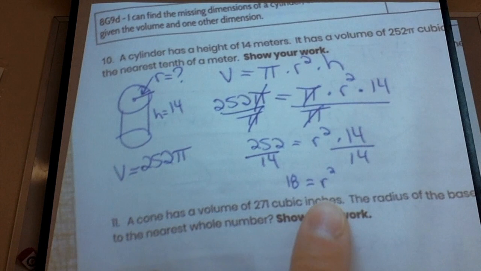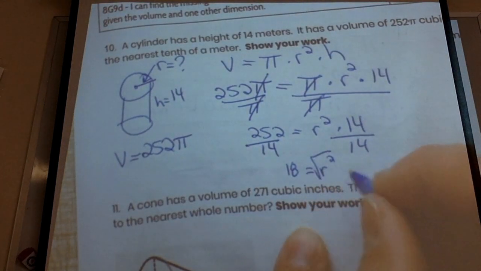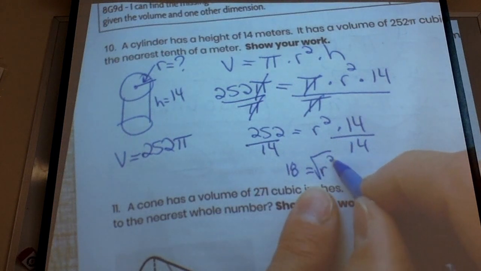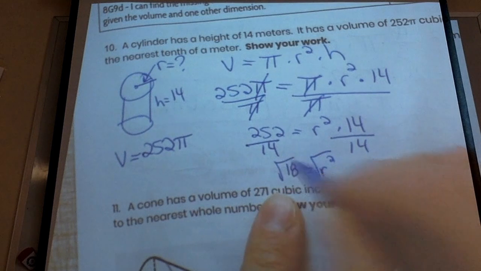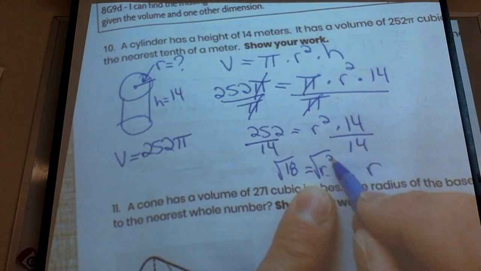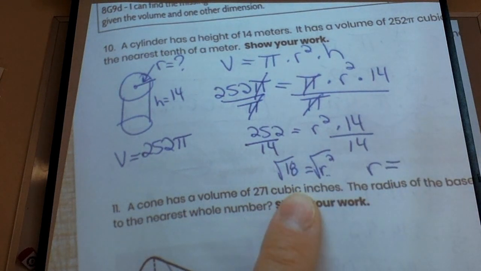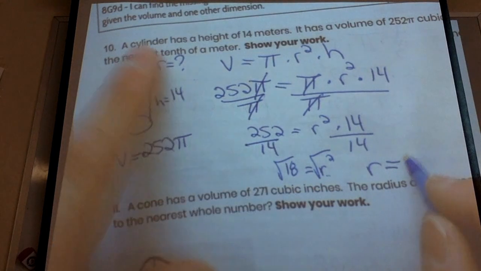We're still not r by itself. We need to get rid of that square, so I have to take the square root. When I take the square root of a square, they cancel out. So when I do one side, I do the other. Square root of r squared is r, and the square root of 18 comes out to be 4.24. Yep, to the nearest tenth.